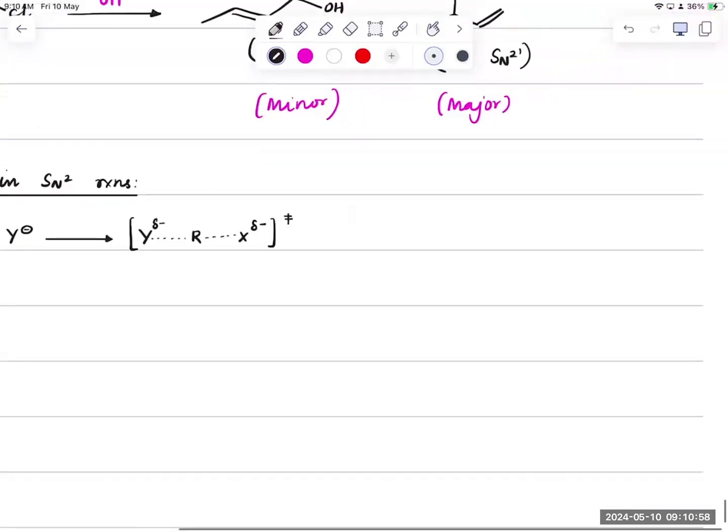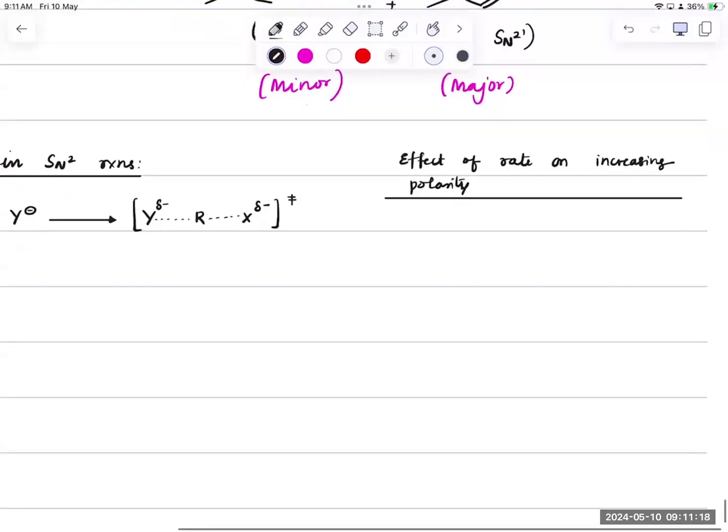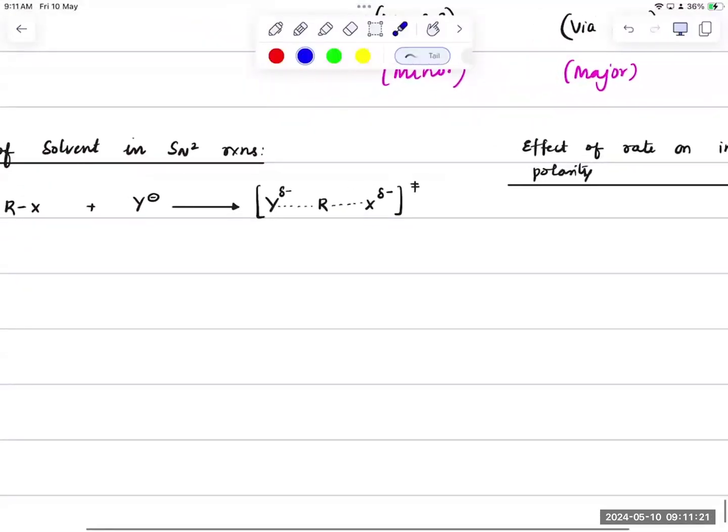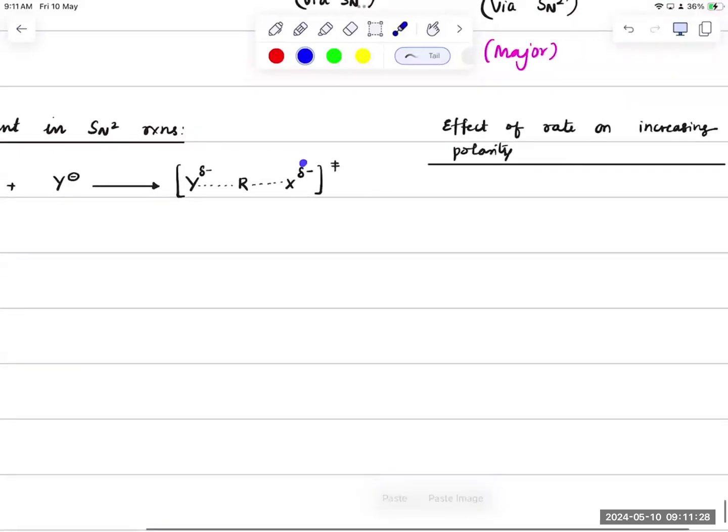Clear? So if I say the effect on rate of increasing polarity, I'm trying to figure out what would happen to the rate as the polarity is increased. If you increase the polarity, let's say polarity as in water I'm taking as a reference.